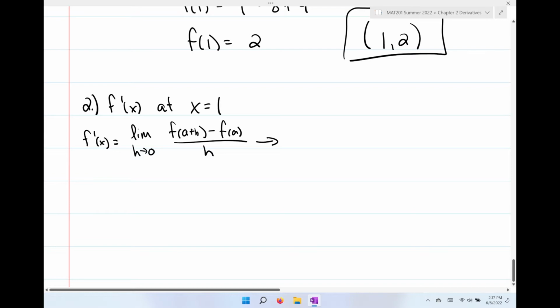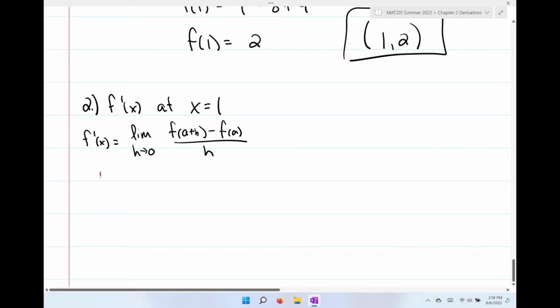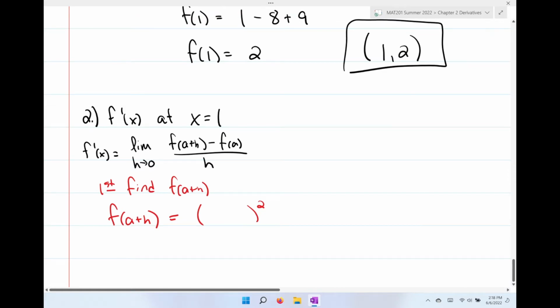So let's go ahead, actually, let's do it step by step. And I'm going to do it in red. All right, so first, let's find f of a plus h. So f of a plus h is going to equal, remember, wherever you see parentheses for the variable x, make your substitution. I'm going to substitute in a plus h and a plus h.